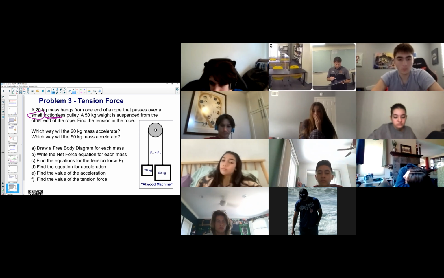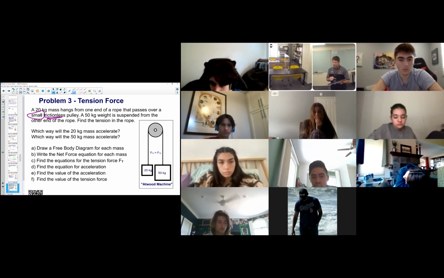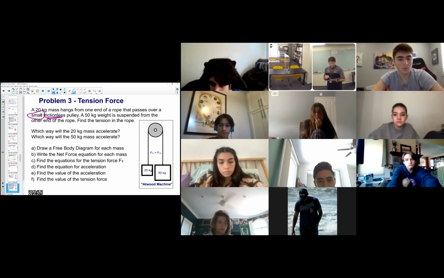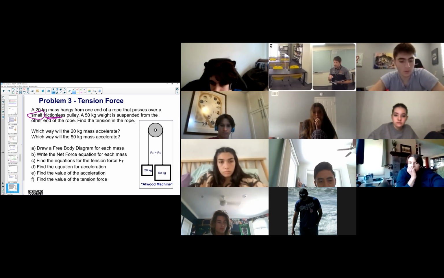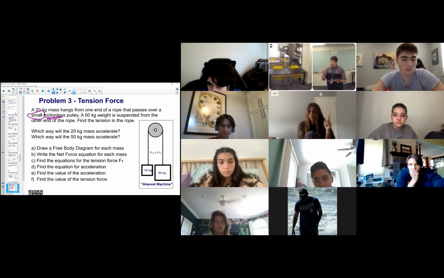All right. So these down here, A through F, are all of the different things that this curriculum is suggesting, the steps we take to solve this problem and eventually figure out the tension. But first, before we look at those steps, which way will the 20 kilogram mass accelerate? I see Nat pointing up, good.